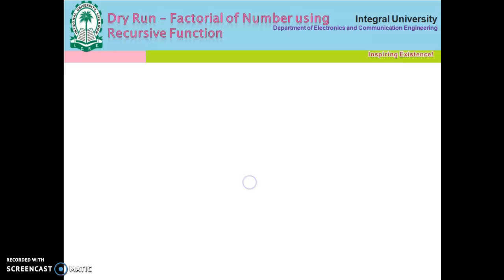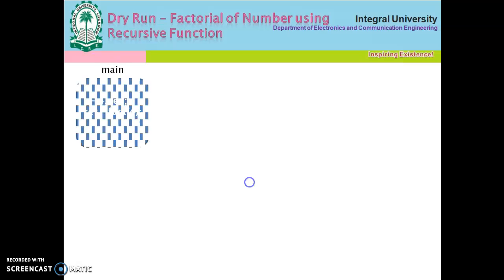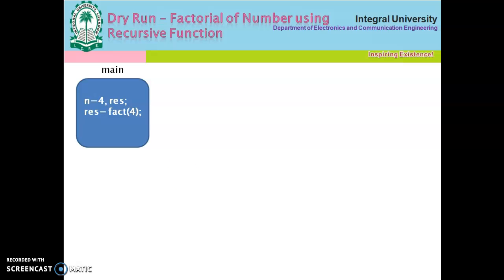There will be a main function, and inside the main function we are passing the argument n equals 4 with result res. Now the fact function is being called, and the result will be stored in this res variable, fact 4. This value of n is being taken as an argument in the fact function, and we are calling it explicitly from the main function.